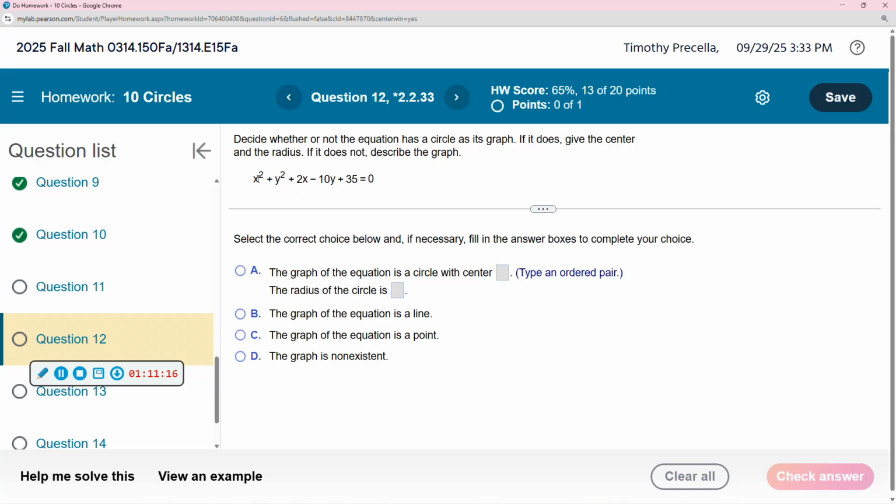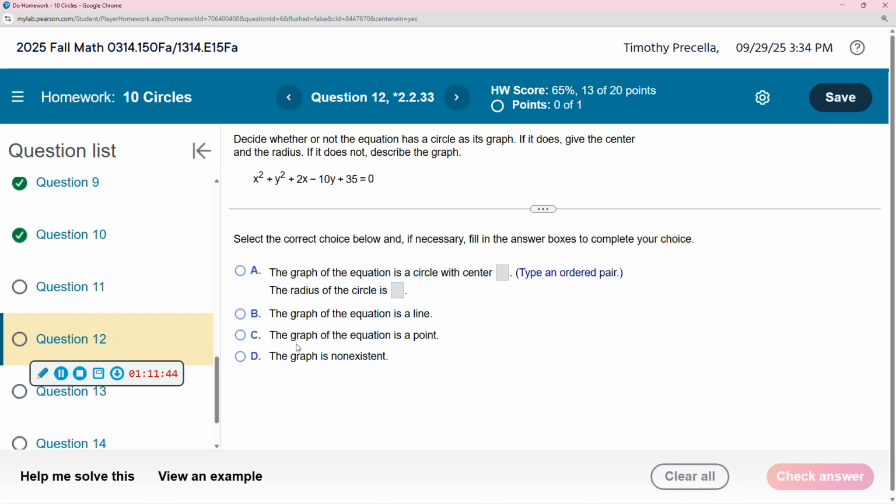I've never seen it regenerate like that, but if yours regenerates and your number 12 doesn't have any x squares or y squares, then you're lucky. Just select Line, option B, and go on. But option C, the graph of the equation is a point. If that happens, we have to get a 0 on the right-hand side when it's written in center-radius form. And part D, the graph is non-existent.